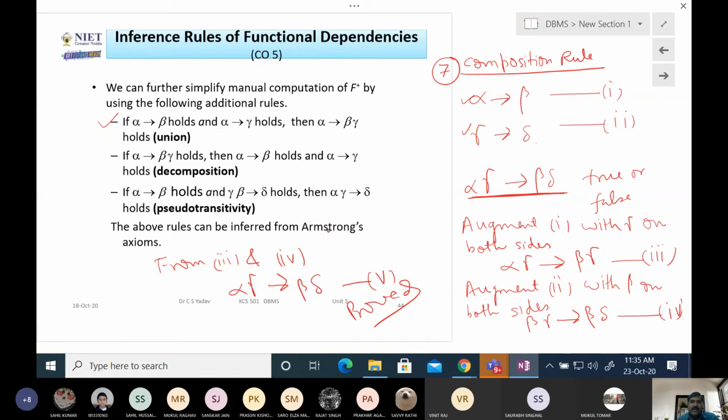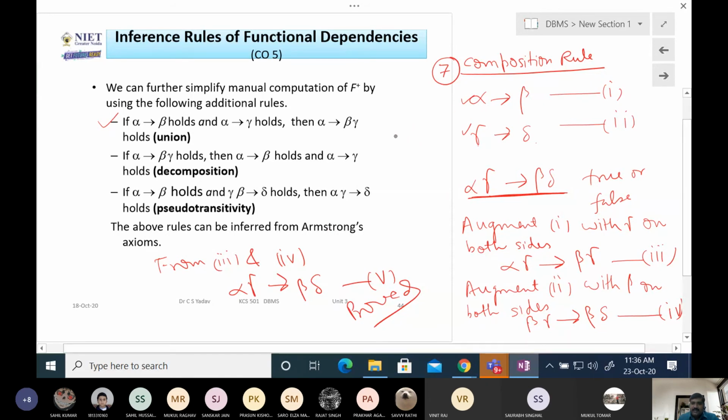Though axioms we can't prove mathematically, with the help of experiment or with the help of induction or proof by contradiction, we can check whether a statement is true or not. That's why I am not saying this is a theorem. This is axioms. And axioms are statements, and that statement is either true or false.